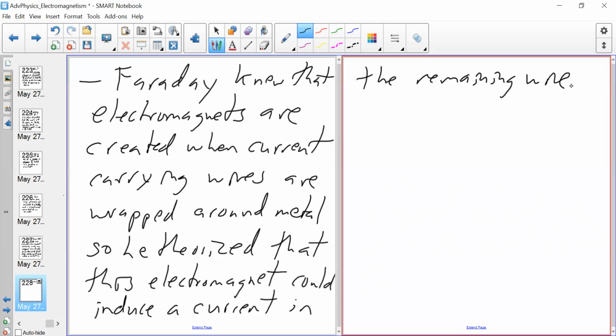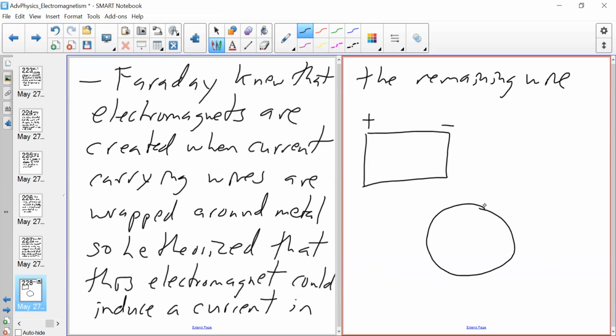So he observed something. So here's the picture. I'll just draw this up now. So we have a battery here. Put an iron ring there. And then first of all, we have an open switch.